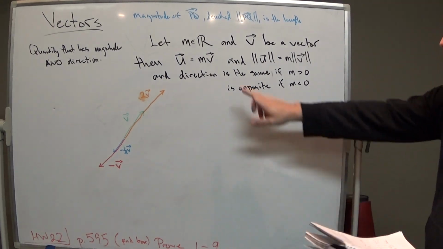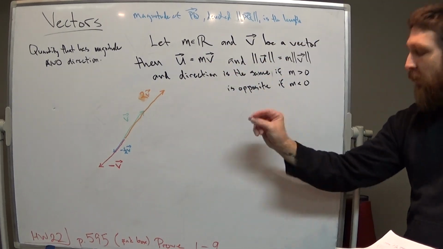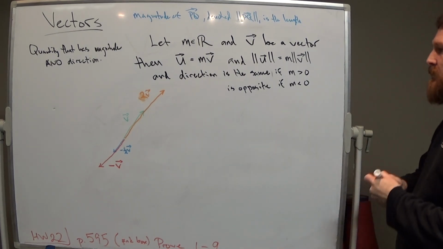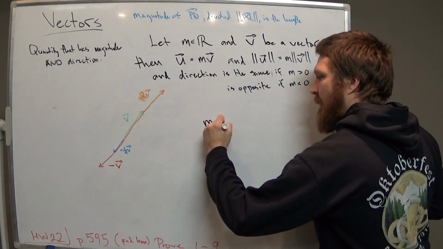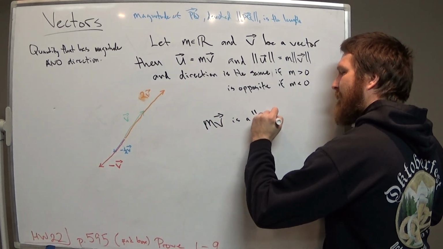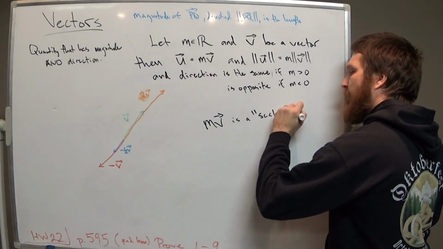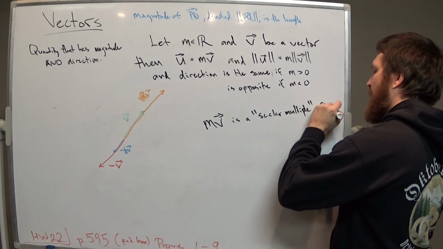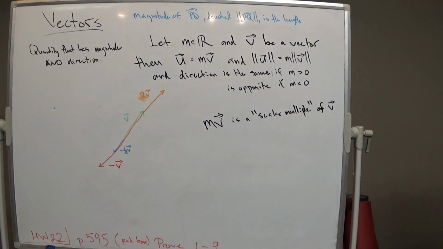Just call it -V. Okay, so, and we call this a scalar multiple of V. And so MV, we call it a scalar multiple of V. All right.